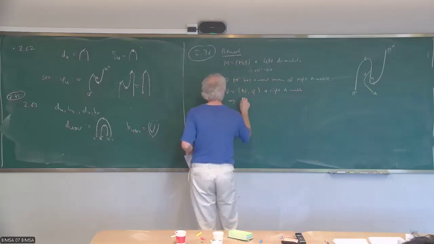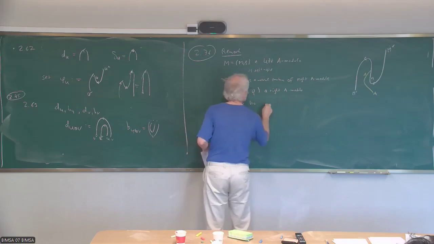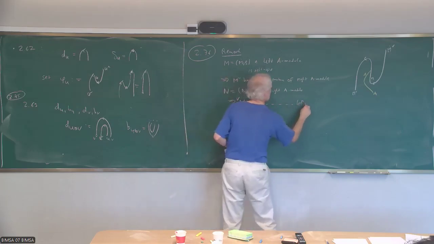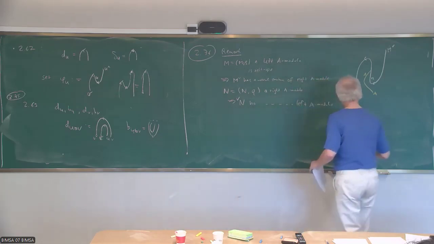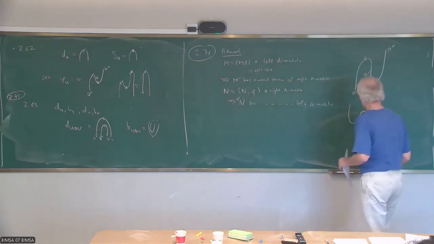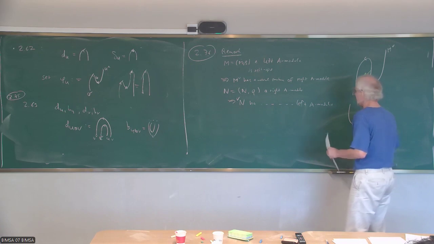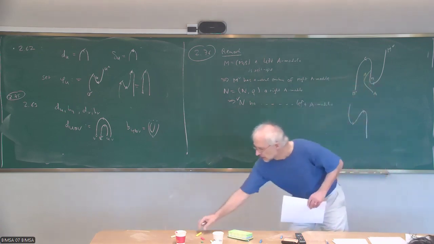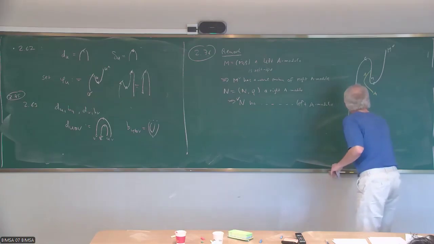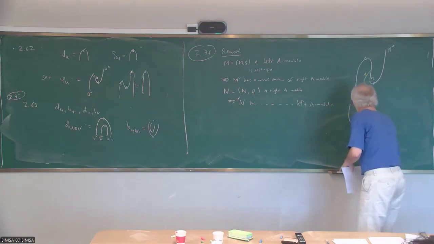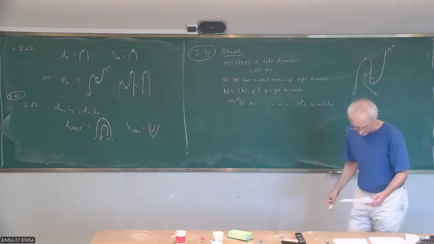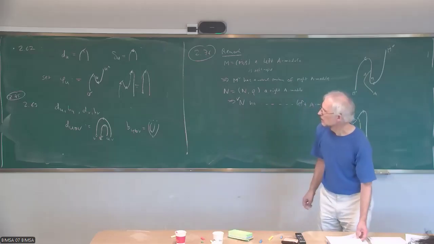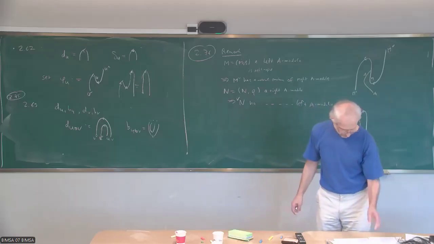Then the left dual has a natural structure of a left A-module by using analogously the left duality. So here we have our N, and now we start with a right action, and what we get is a left action.